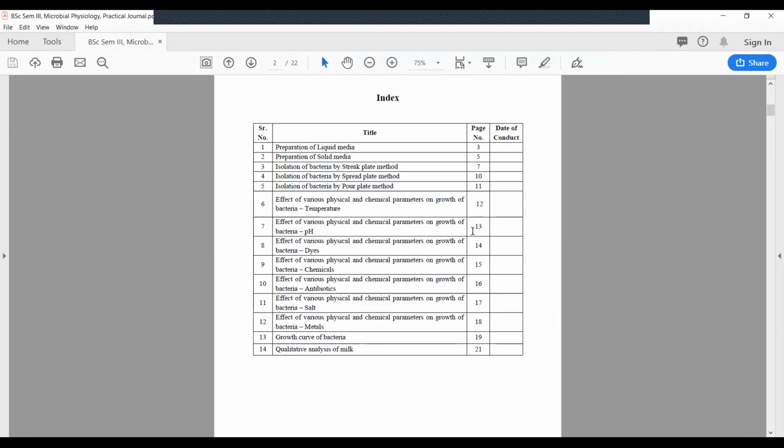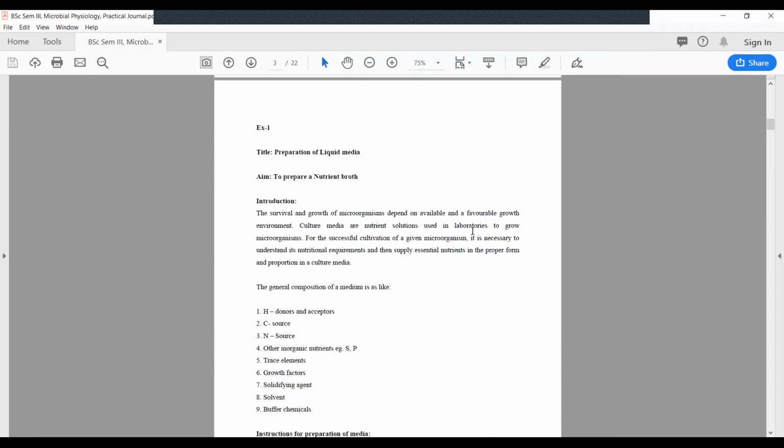Okay, so the first one is related to preparation of a liquid media.